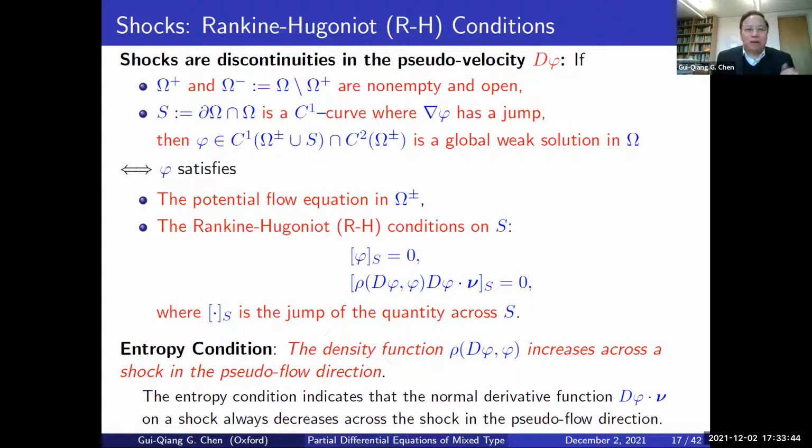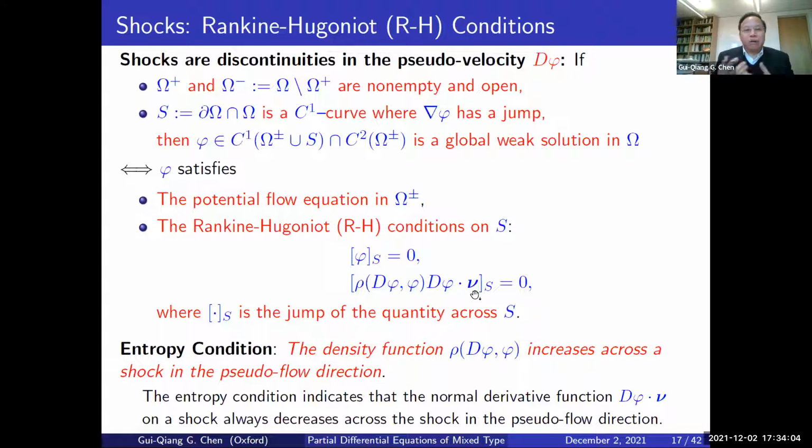Both sides satisfy the potential flow equations. Then we call this two-dimensional wave curve a shock if it satisfies two conditions, called the Rankine-Hugoniot conditions: phi should be continuous, but the normal derivative should jump through it.